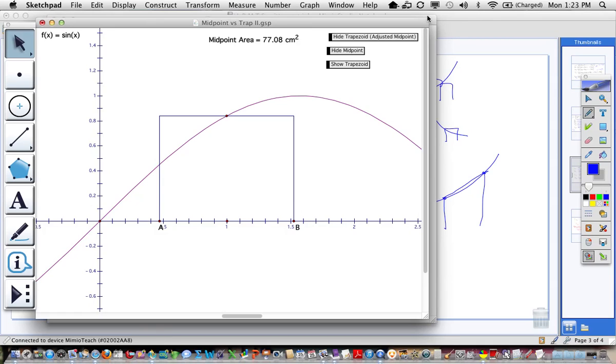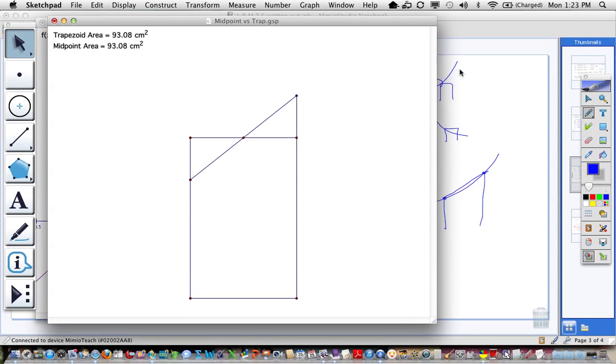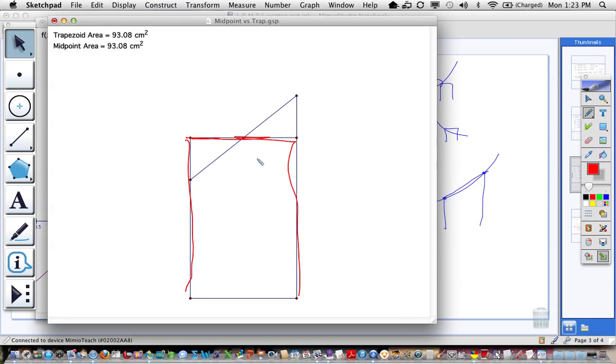So we're going to pull a little geometry out here. Here I've got a rectangle that would be like my midpoint rectangle, and it's got a certain area. And this point right here is right in the middle.